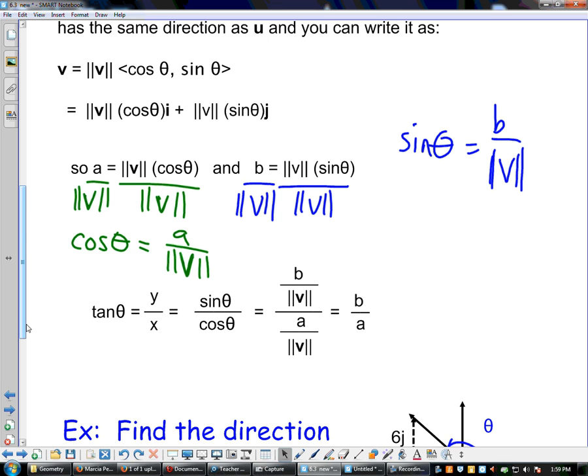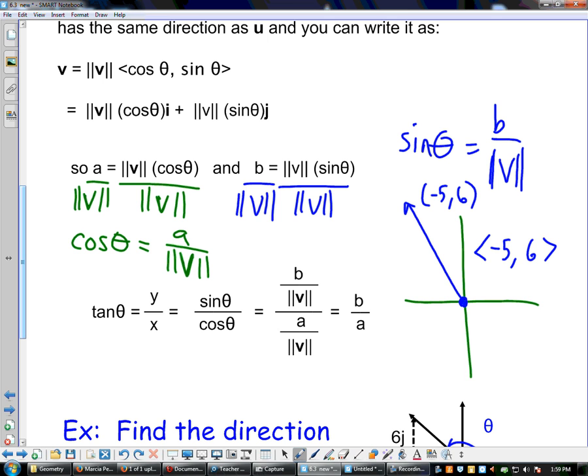We're going to look at an example in just a minute, but let me give a quick one right here. Let's say I have a vector with its terminal point at negative 5, 6. I could describe this vector in component form as negative 5, 6 in vector braces, and I could find this angle using the formula tangent of theta equals b over a.